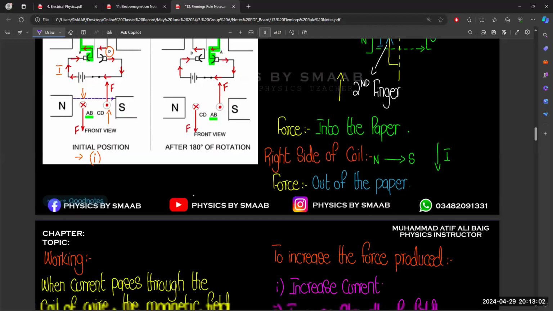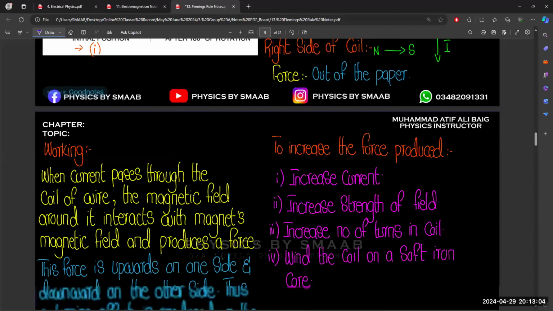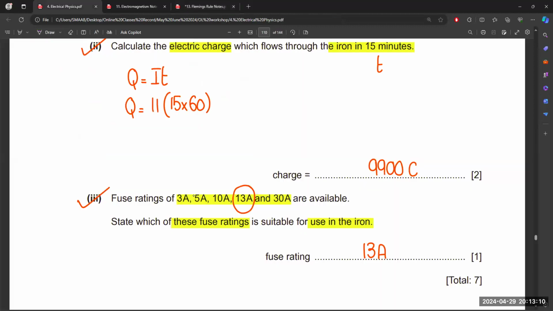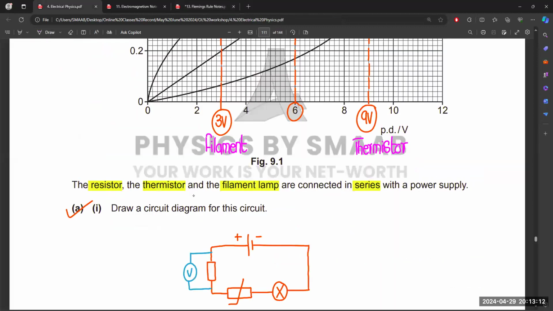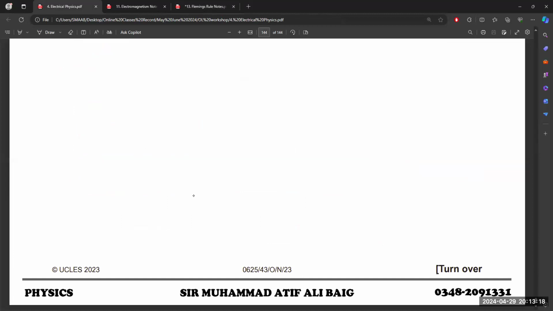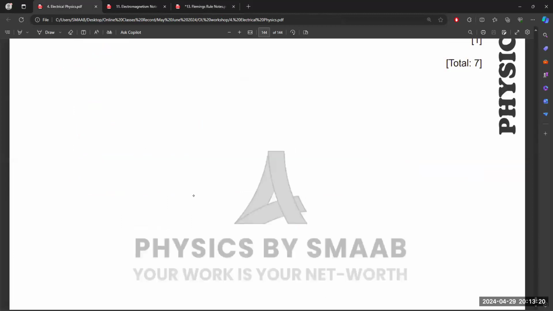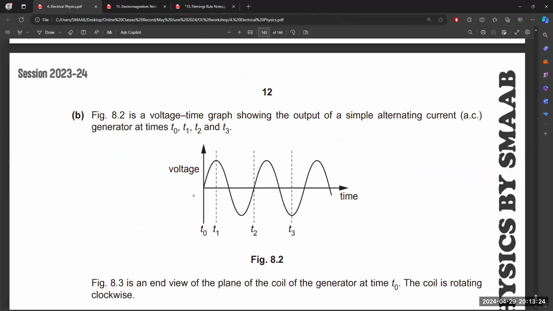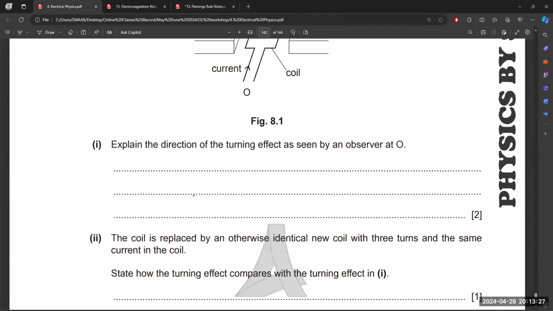So let's see how the questions are related to Fleming's left-hand rule and electromagnetism. We have to find only the questions related to the DC motor and electromagnetism. So in October, November 23, there is a question related to AC. This is related to AC, so we skip this part.